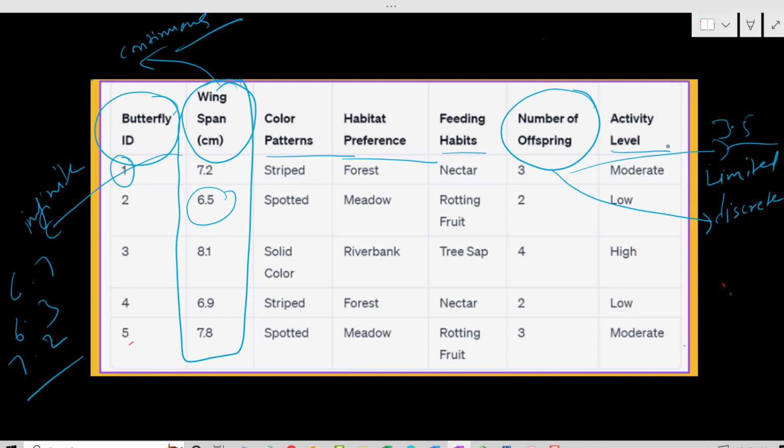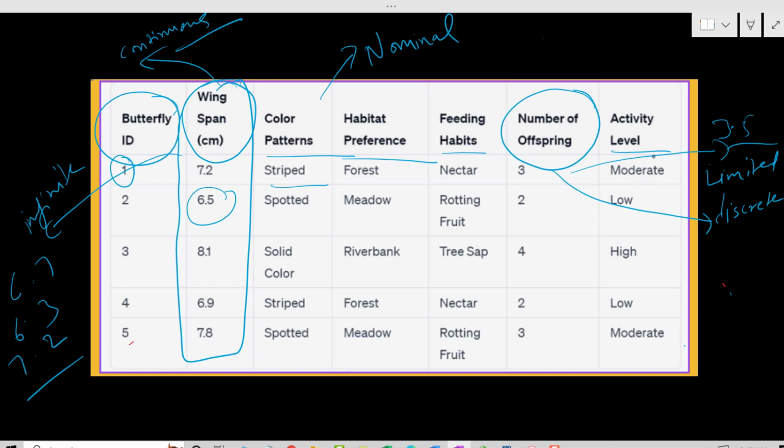No. Similarly, for habitat preference and feeding habit, we cannot say that a particular quality is better than the other. We cannot order these qualities, right? And these qualitative variable types which cannot be ordered are called nominal qualitative data types.